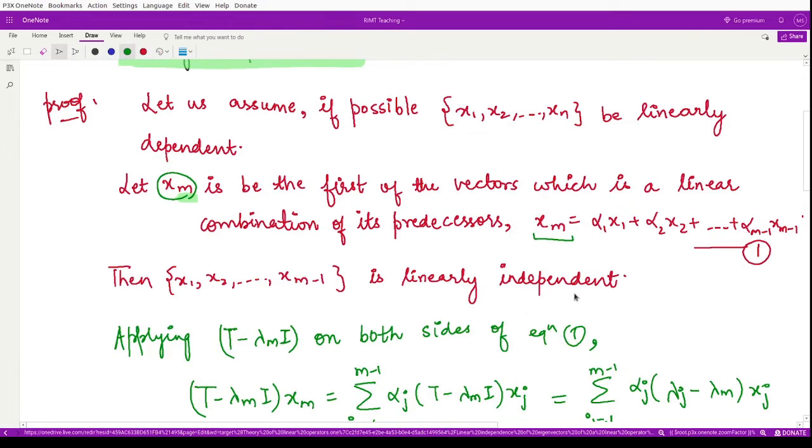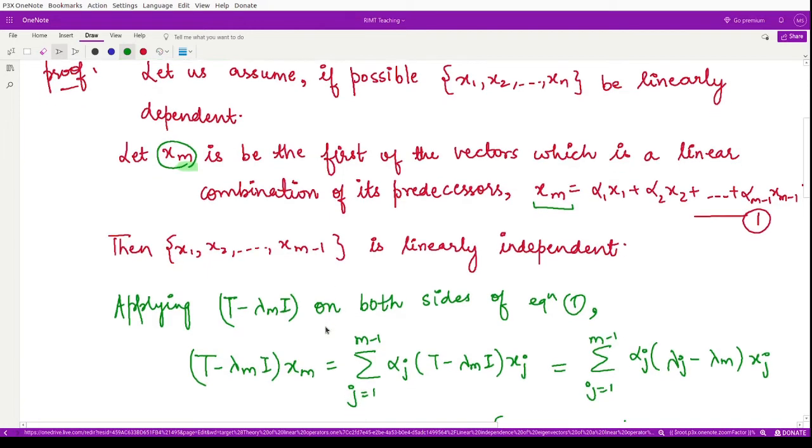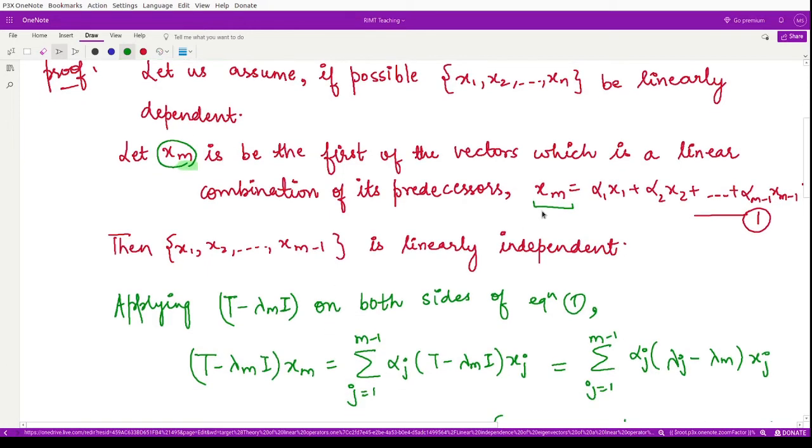So what we do, we apply T minus lambda m I on both sides of equation 1. When you apply T minus lambda m I on both sides, on the left hand side you have this, and on the right hand side you can write this linear combination as summation alpha j xj, where j varies from 1 to m minus 1.